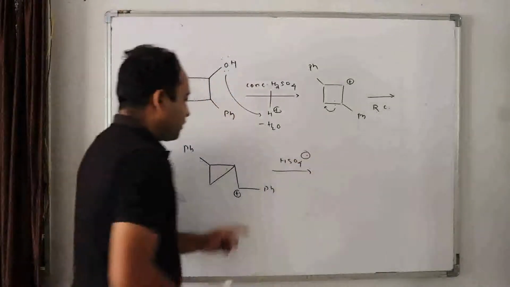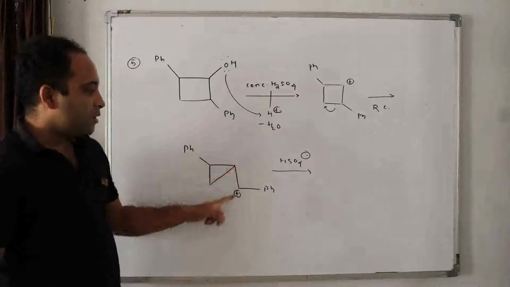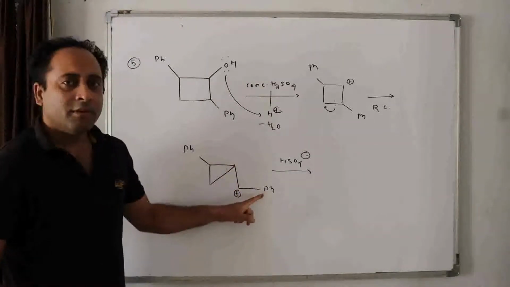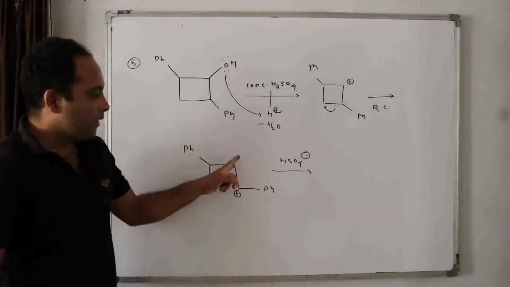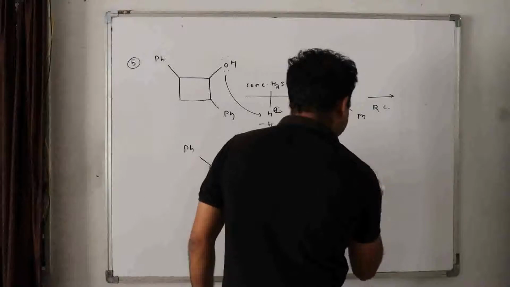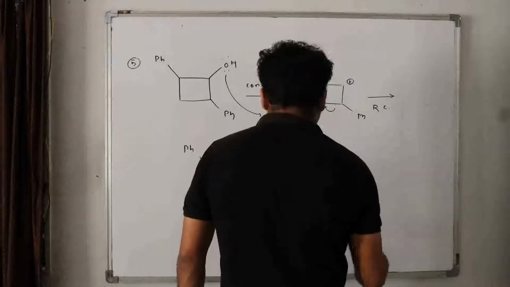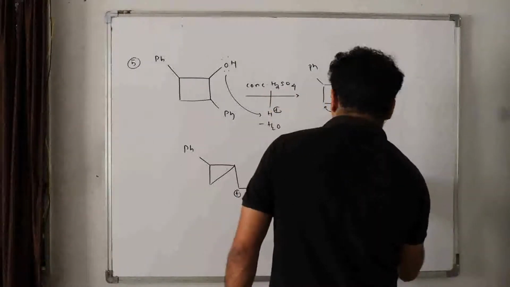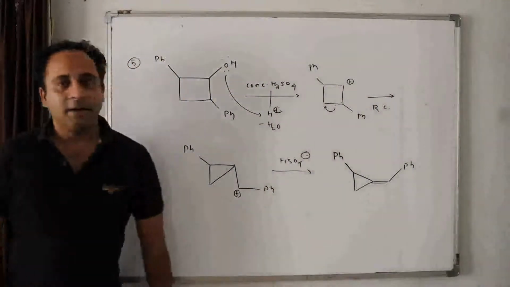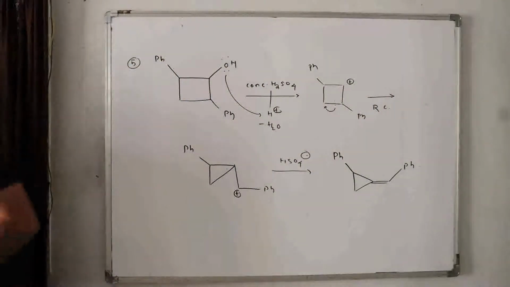This HSO4 minus will take out H from this beta position. This is alpha position, this is beta position. So this is the only product formed. Done.